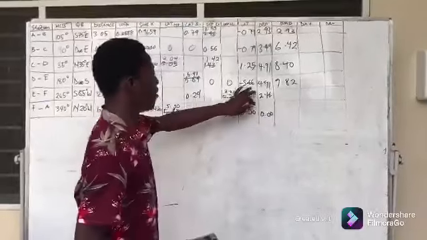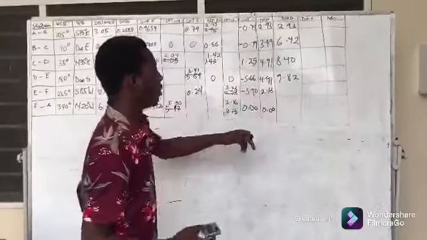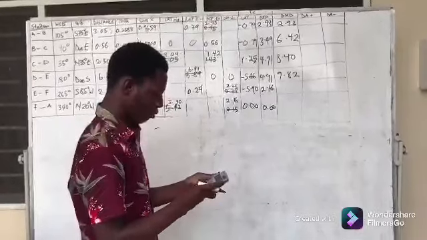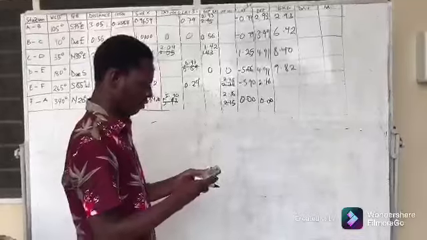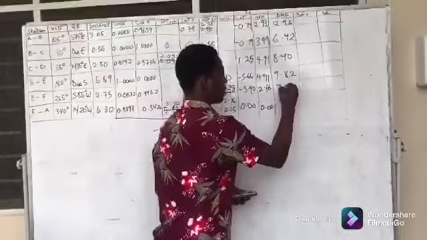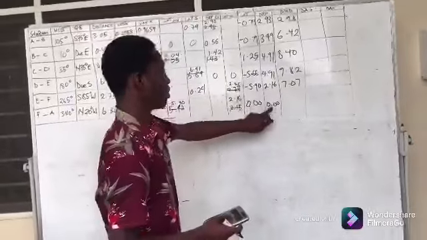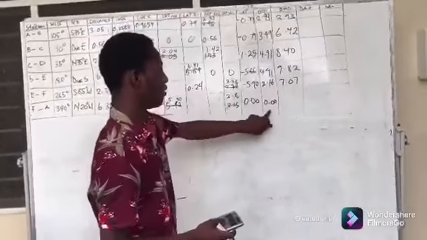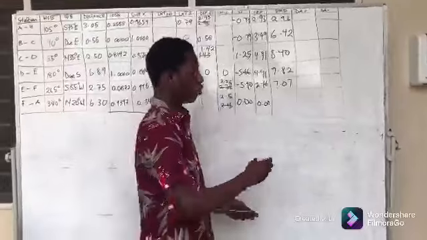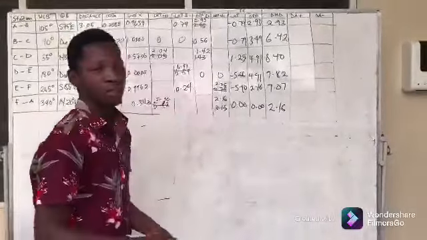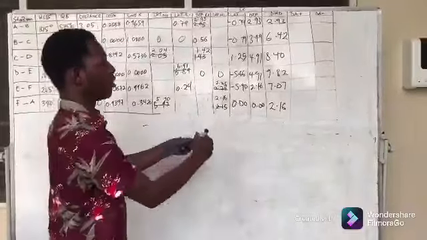For station EF, 4.91 plus 2.16, which will give you 7.07. And for this value, this value plus this value, since 2.16 plus 0.00 will give you 2.16.